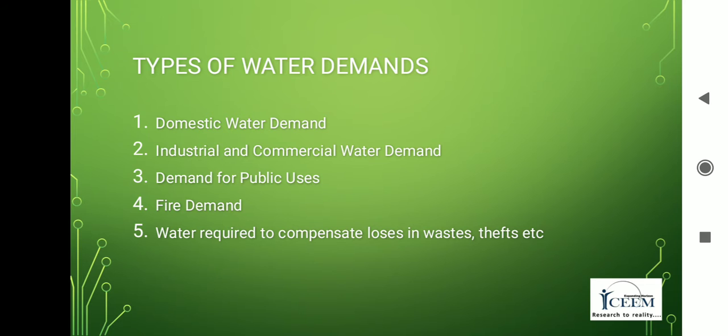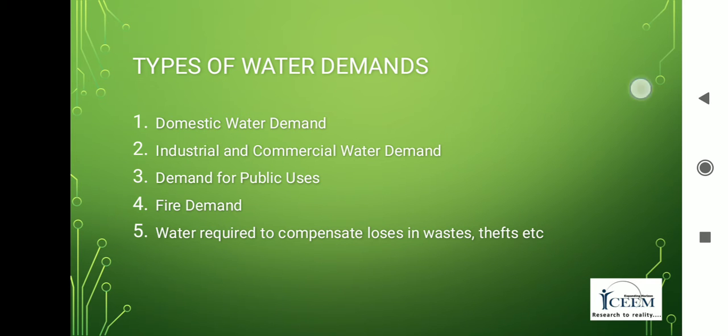Then we saw different types of water demands, that is domestic water demand, industrial and commercial water demand, demand for public uses, fire demand, and water required to compensate losses in waste and thefts, etc. It is all we saw in last lecture.